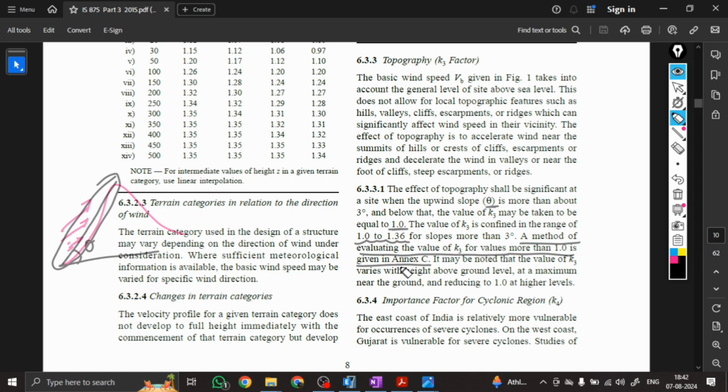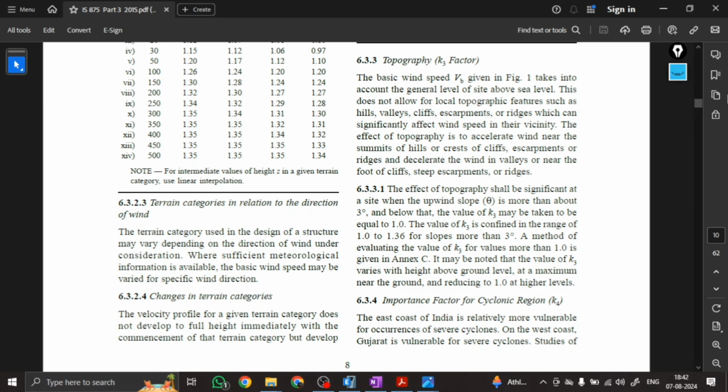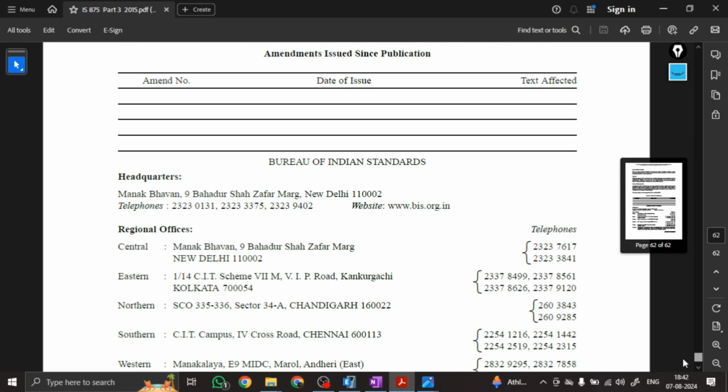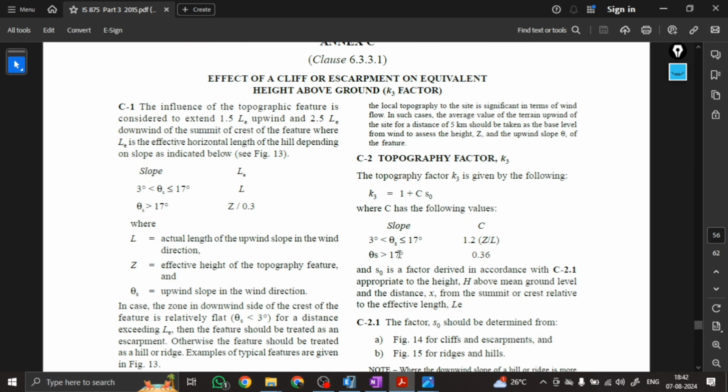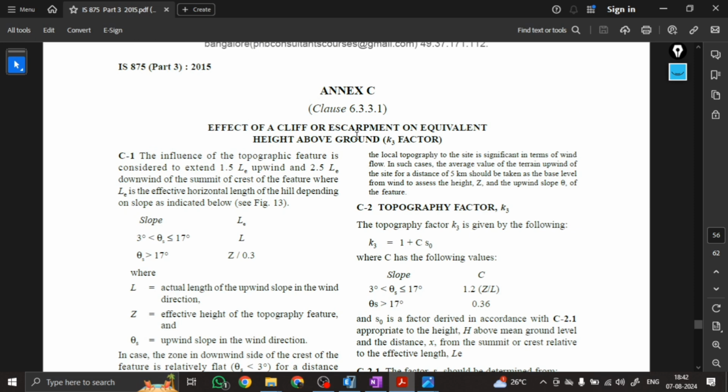Now we will see Annex C, the effect of cliff or escarpments on the equivalent height above ground, K3 factor.